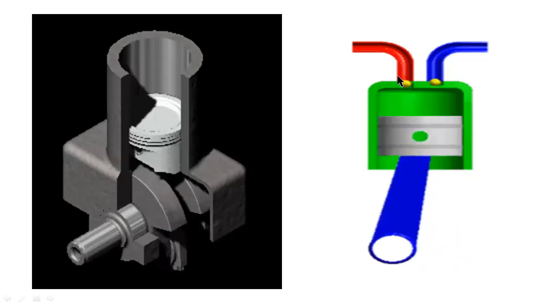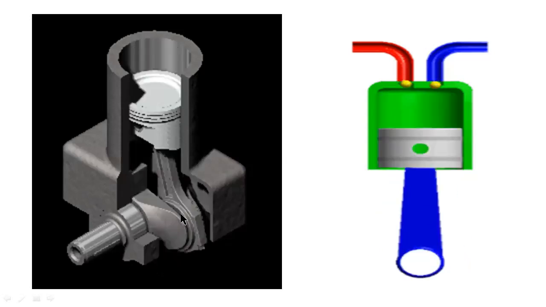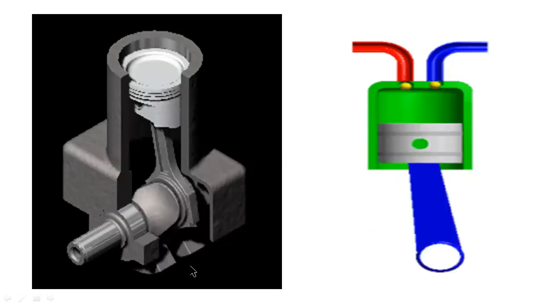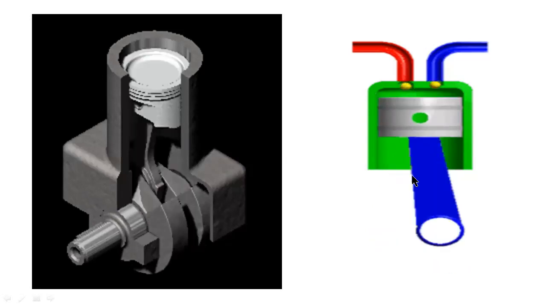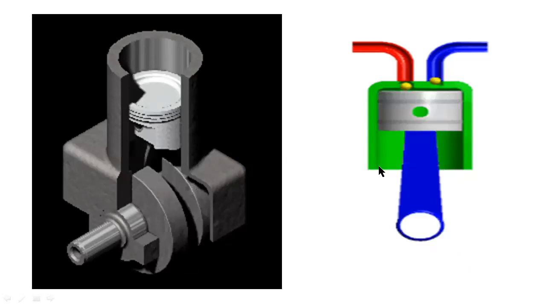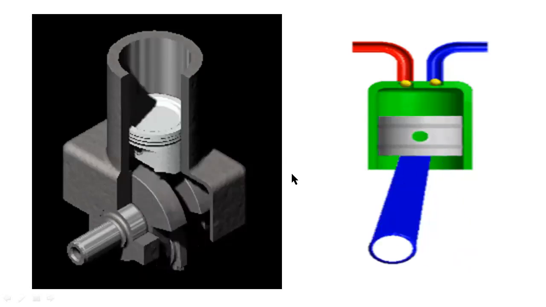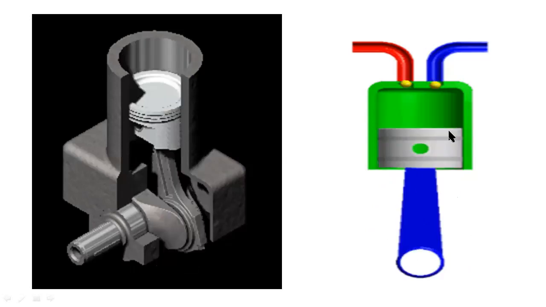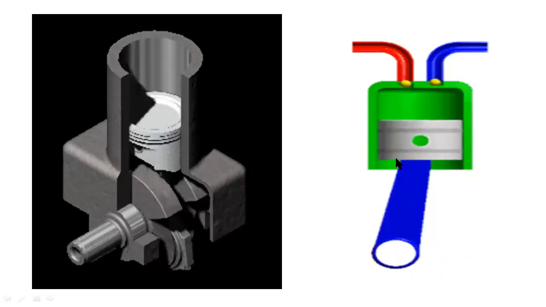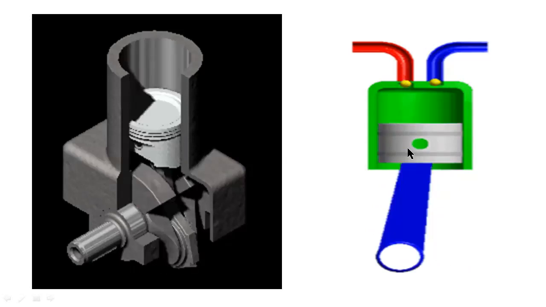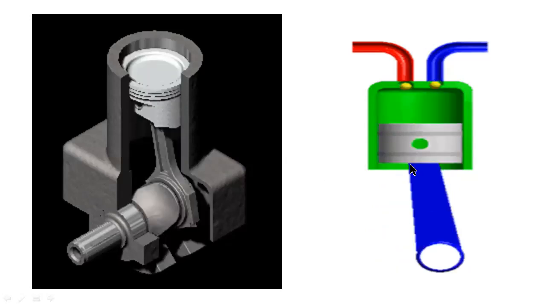Here you can observe that this is a 90 degrees cross sectional view, but this is a 180 degrees cross sectional view, a half sectional view. This is a quarter sectional view. Here you can observe the clear motion of a piston within the cylinder.